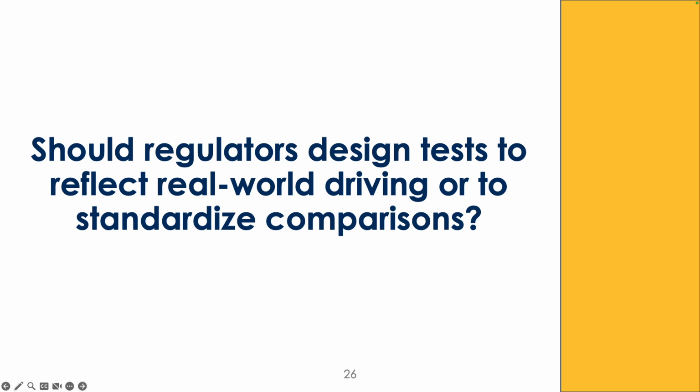There are some concerns with that in terms of privacy and information sharing. But you couldn't do better than actually sampling from real-world driving. So that's one other avenue that might come to fruition in the future in terms of how we calculate efficiencies.